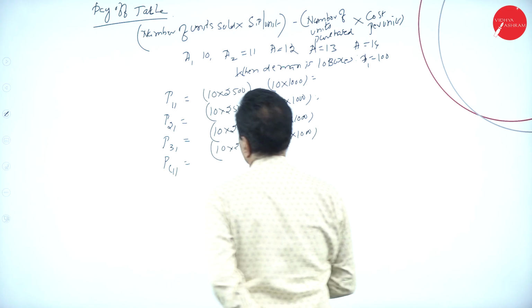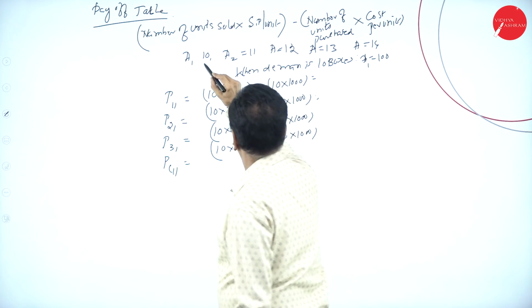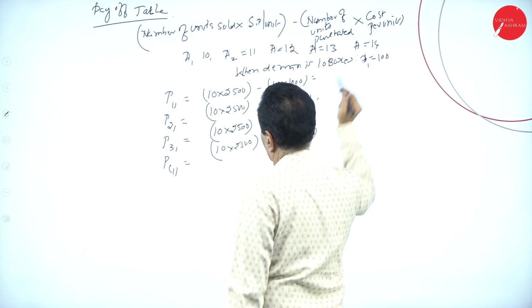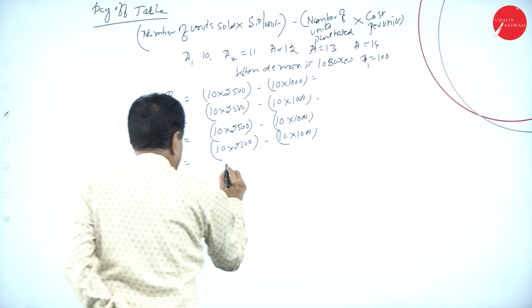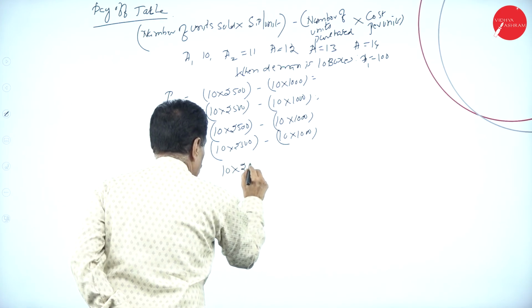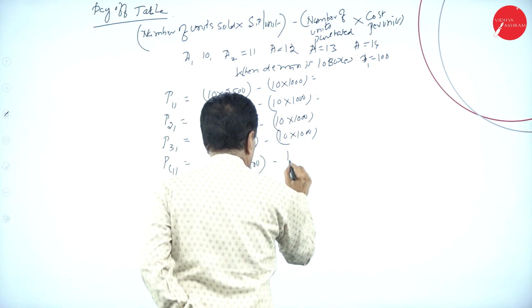So 1, 2, 3, 4, 5. So P51: 10 into 2,500 minus 10 into 1,000.